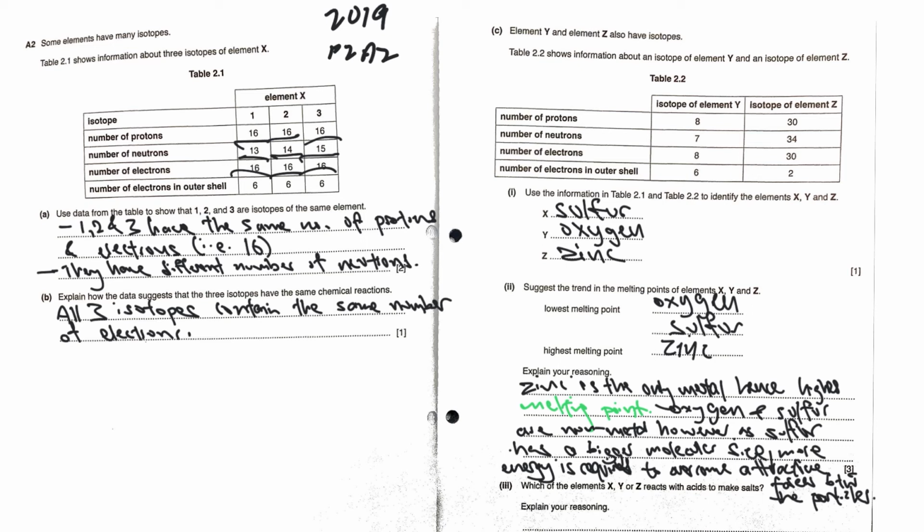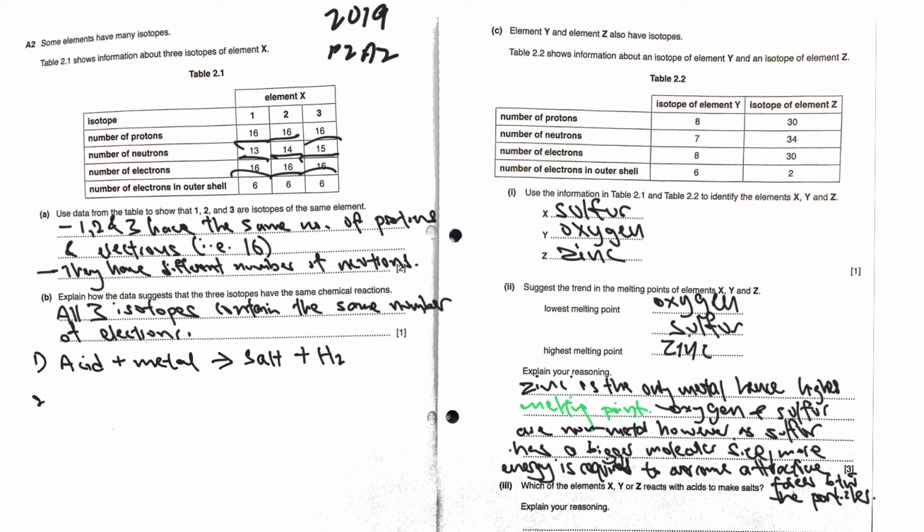Alright, so we come to the last part of the question. Which of the elements X, Y, or Z reacts with acid to form salt? Explain your reasoning. Right, so for this question, recall some of the acid-base reactions that you have learned. Right, first you have your acid plus metal, giving you salt plus hydrogen gas, right?